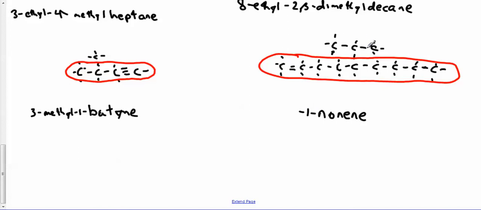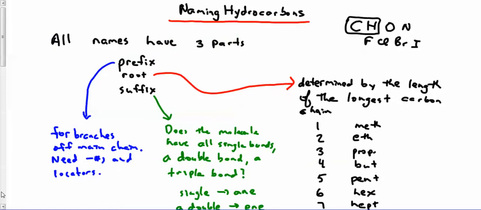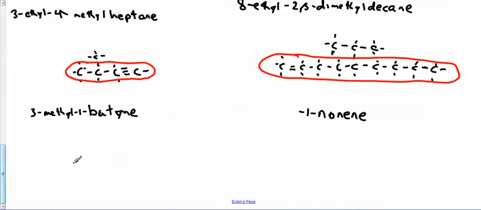Now this is a 3-carbon chain, but it's kind of different. I can attach a 3-carbon chain off the end, or I can attach it here. And in our textbook, there are a few of these special branches.